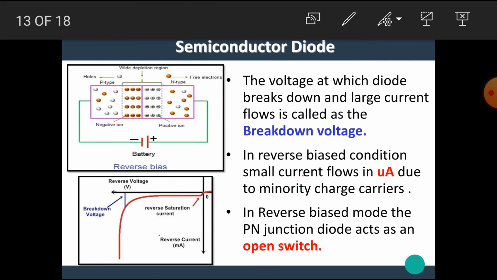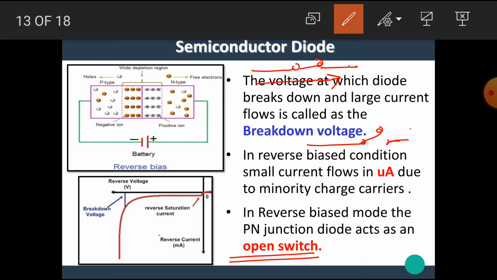The PN junction diode acts as an open switch. We learned that in forward bias mode, the PN junction diode acts as a closed switch. That means current can flow through the circuit, but in this reverse bias condition, the switch acts as an open circuit.